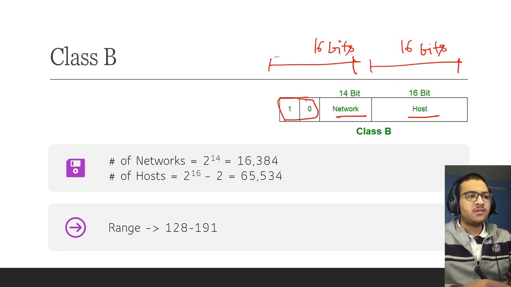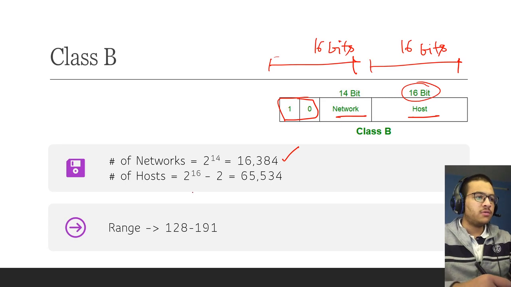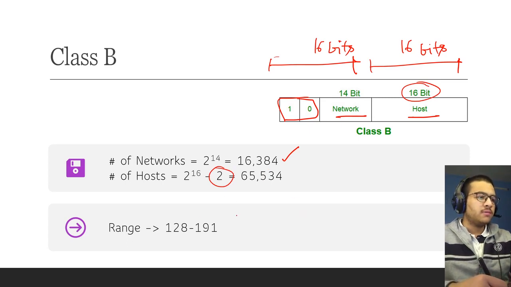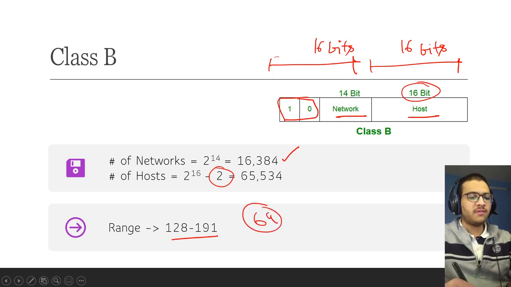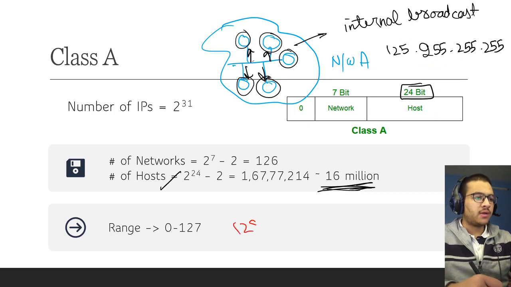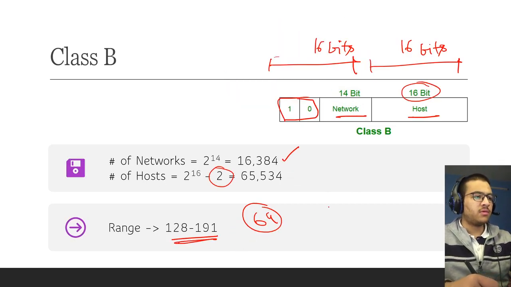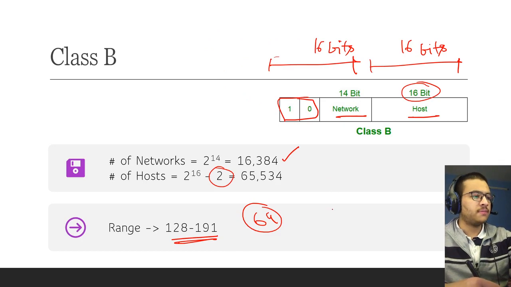So the total number of possible networks will be 2 raised to 14, as we discussed earlier, and the total number of hosts will be 2 raised to 16 minus 2, since these are reserved for the broadcast and the network ID. And the range of this particular one is 128 to 191. This includes approximately 64 networks, and the previous one included 128 possible networks.